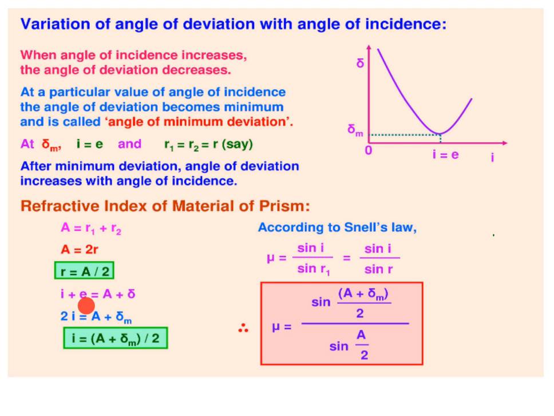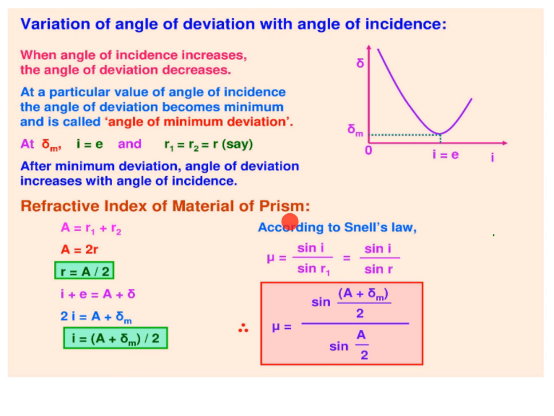We know the formula I plus E is equal to A plus delta. At minimum deviation, I is equal to E, so twice I is equal to A plus delta m, where delta m is the angle of minimum deviation. Therefore, I is equal to (A plus delta m) divided by 2.